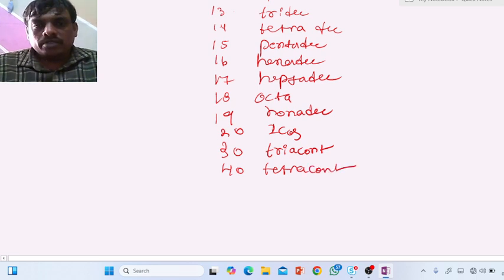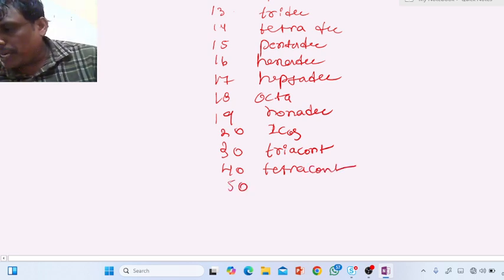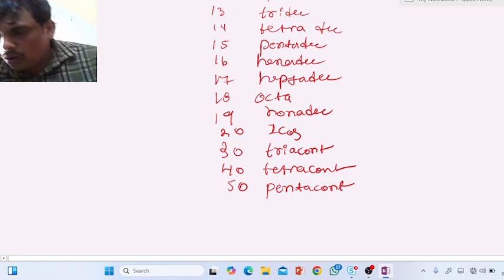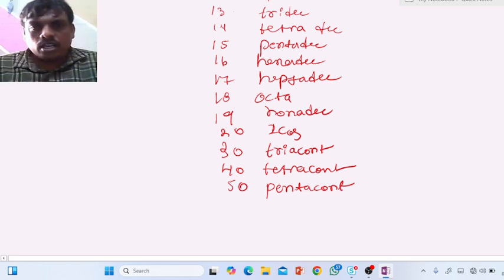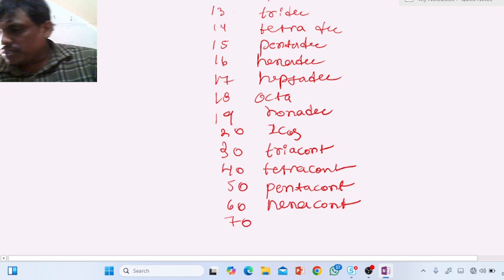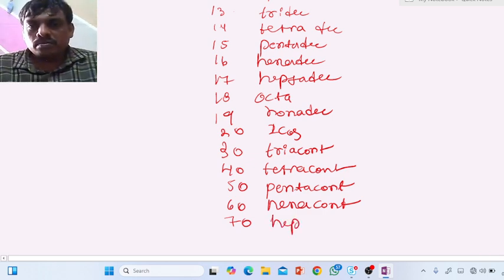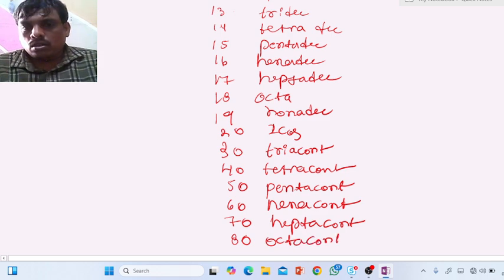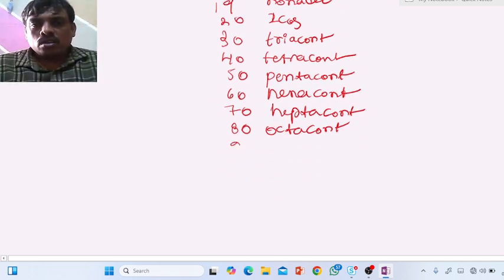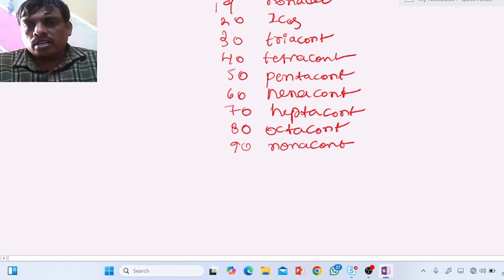50 carbons in a chain, pentacont. 60 carbons, hexacont. 70 carbons, heptacont. 80 carbons, octacont. 90 carbons, nonacont. 100 carbons in a chain, then it will be hecta.